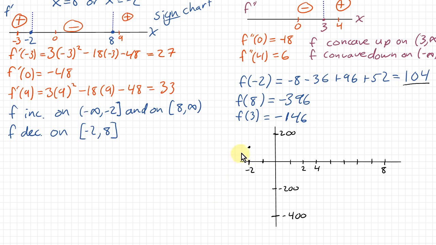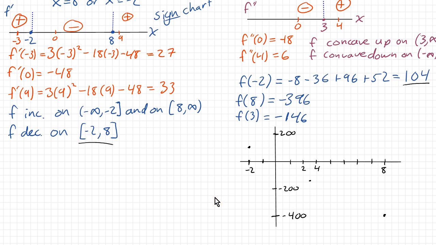And that's where it's increasing, and then after that point it starts decreasing until we get to where x equals 8, and then it will start increasing again. And x equals 8 is where it was -396, just about -400 right there. And let's also plot this point, 3, -146, I mean, which is about there.